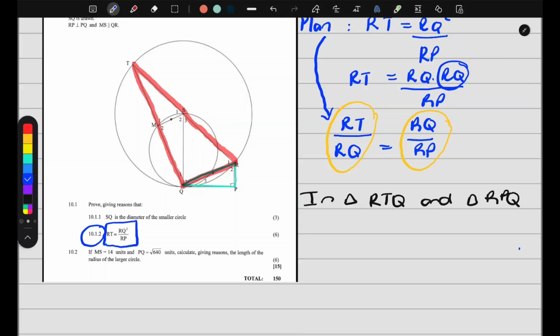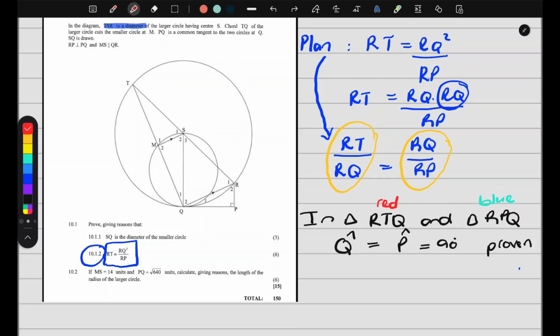So do you remember in the previous question, we said this whole Q1 and 2 is 90. So in the red triangle, angle Q is the same size as angle P in the blue one. They are both equal to 90, and that was proven. So the one was proven, the other one was given. Then let's look for another angle that might be equal. So grade 12, according to the information, QP is a tangent.